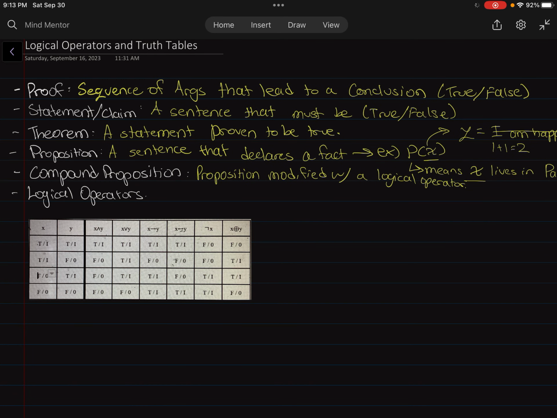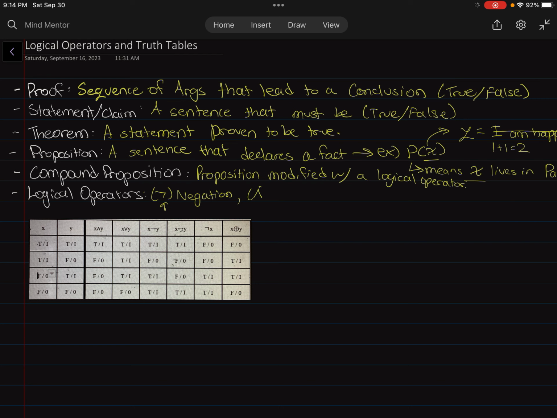And then of course we have logical operators. Logical operators are sort of like mathematical operators, but they're used to combine propositions and to make truth tables. So the 6 types of logical operators that we cover in this course are the negation, and this is the symbol for negation, right?